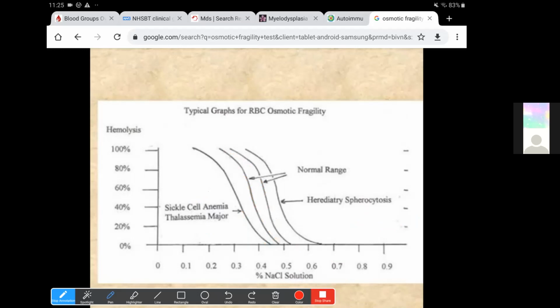So although the osmotic fragility is increased for most cases of hereditary spherocytosis, there is not a proportional shift to the right. This shift to the right shows a tail of resistant cells due to increased retics.